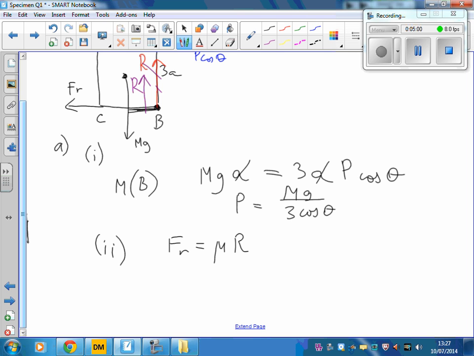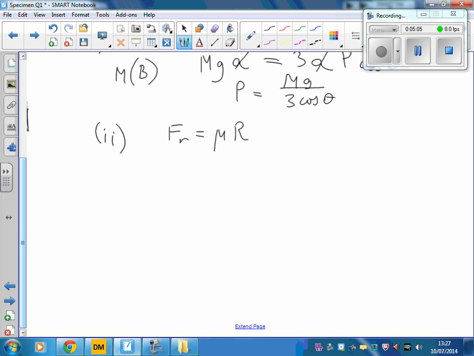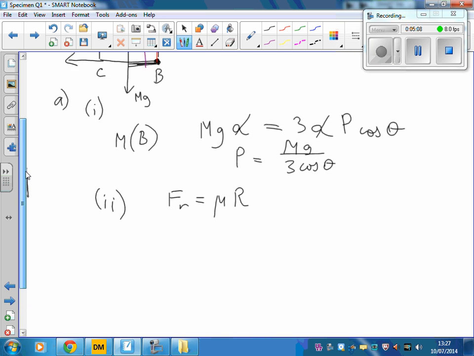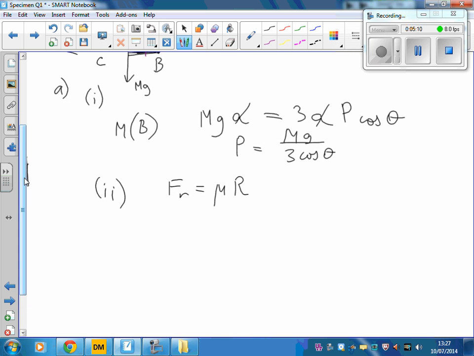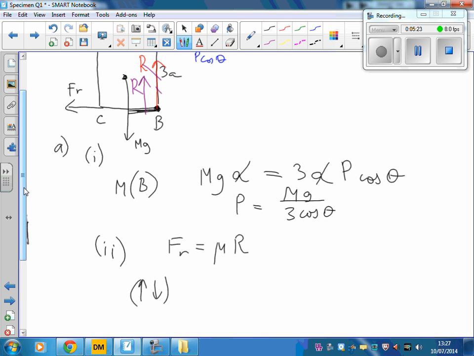If the block is in limiting equilibrium, we know that the magnitude of the friction force equals mu R. What else we can see from the force diagram is that the vertical and horizontal components of the forces acting on this block are balanced. So let's resolve forces vertically. We have R plus P sine theta equals the weight mg.